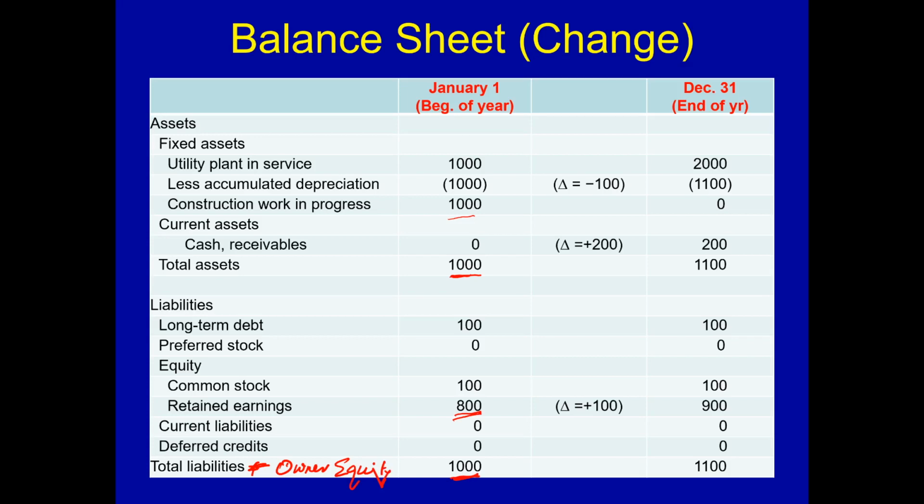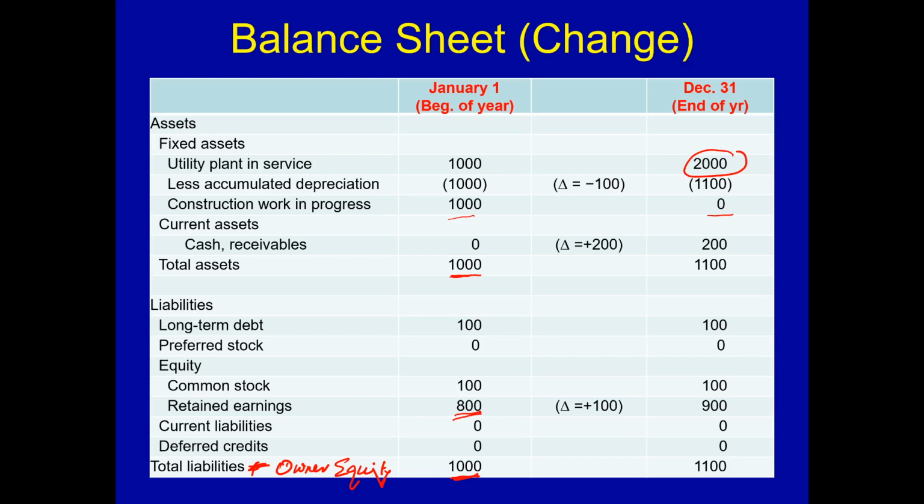Let's say this was the situation at the beginning of the year, which means it was the end of the previous year. Now, after one year, the depreciation has increased by 100, so we have delta equal to minus 100. The construction has been completed, so the utility plant has increased from 1000 plus 1000 to 2000, and the construction work in progress is made 0.